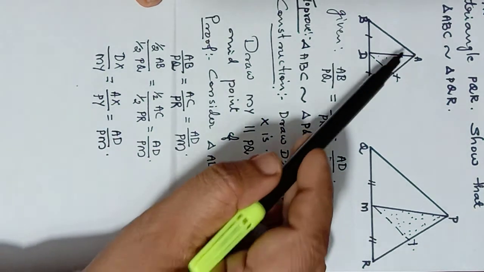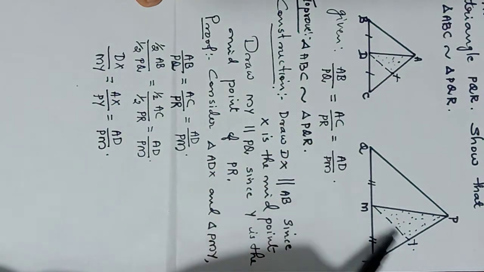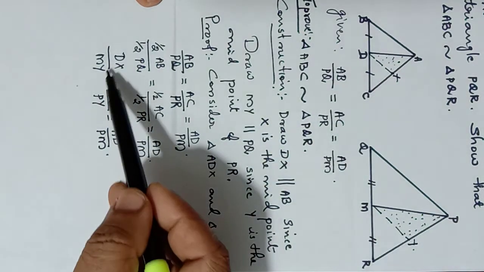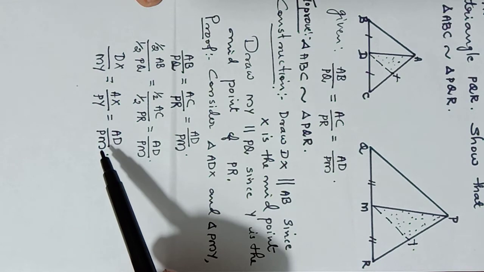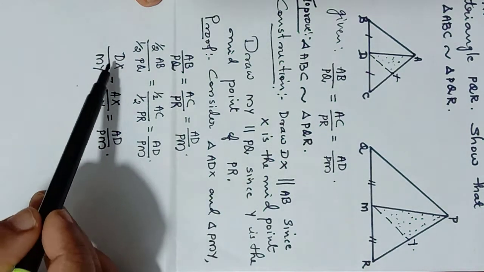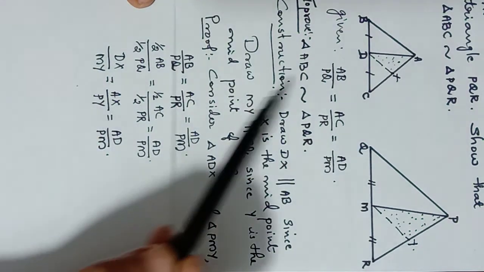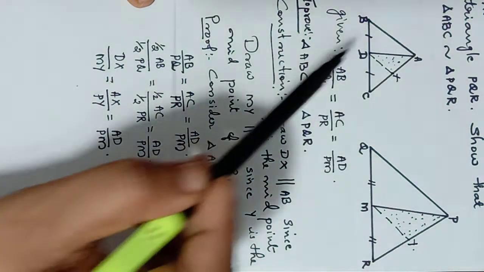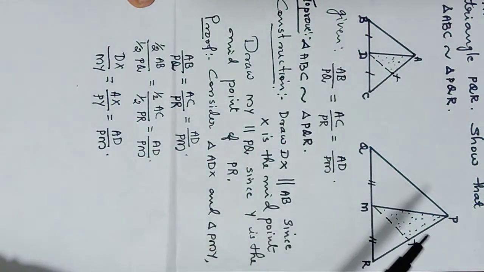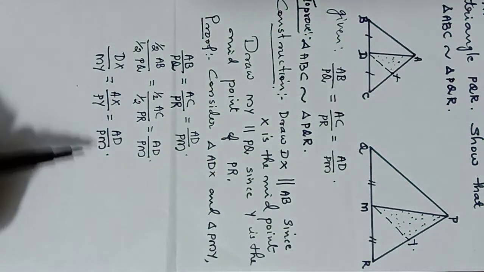Now we see only the shaded triangles ADX and PMY. Are they similar? Because all the three ratios are equal. See the ratios: DX by MY, AX by PY equal to AD by PM. So three ratios are equal.